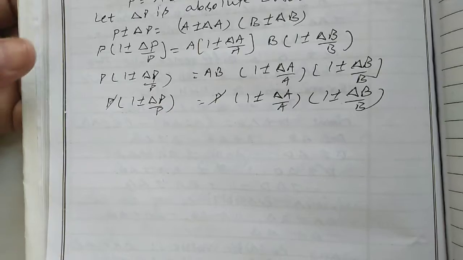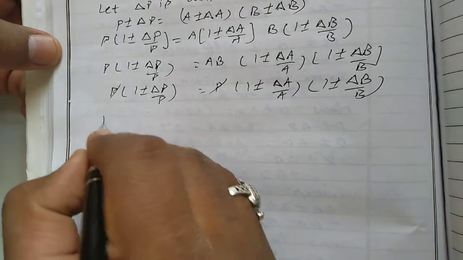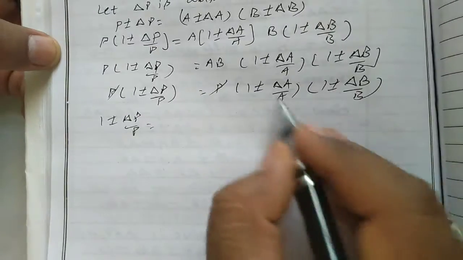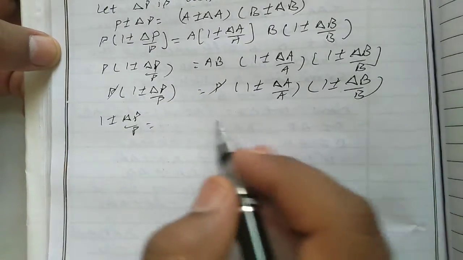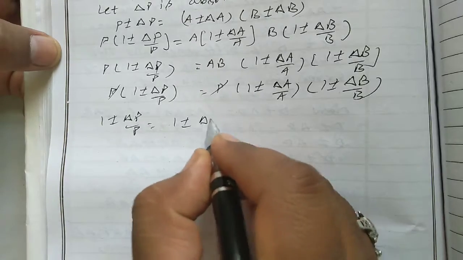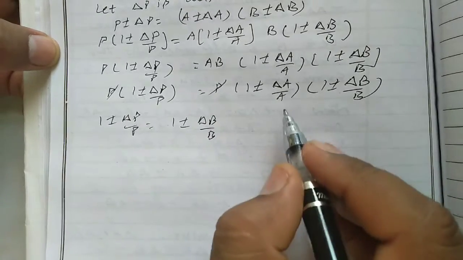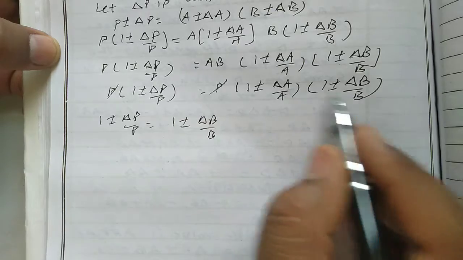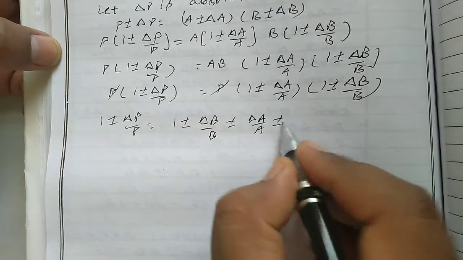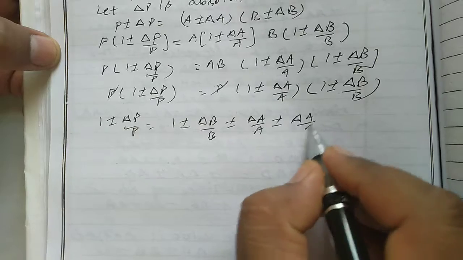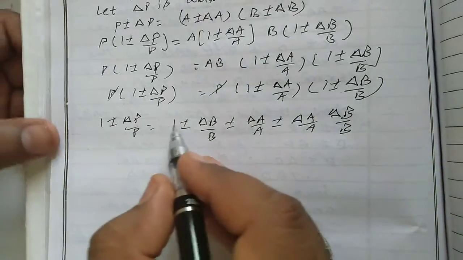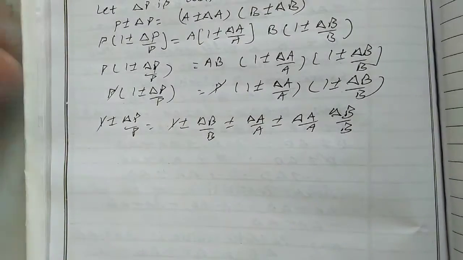Now we can multiply these two terms. We get 1 plus minus delta b upon b. Now multiply this with plus minus delta a upon a, and plus minus delta a upon a into delta b upon b. Now 1 will be cancelled.